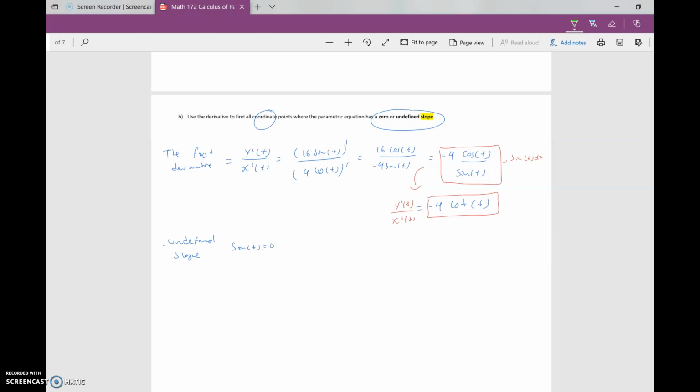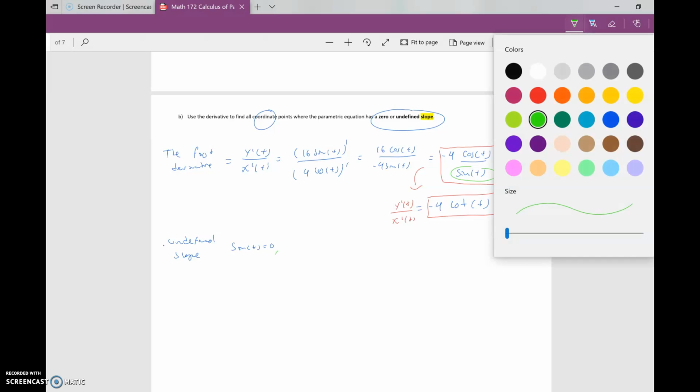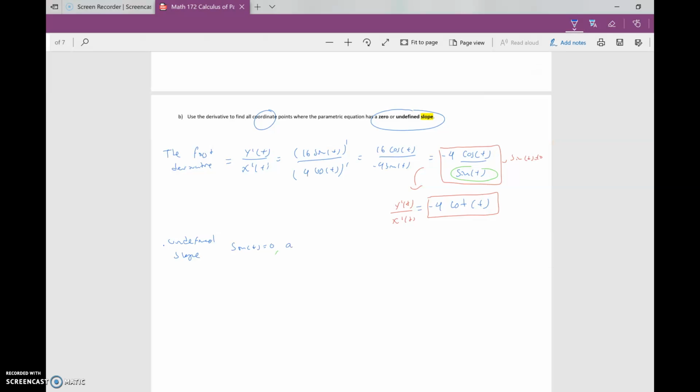And I'm basically just focusing on this portion. Wherever that's going to be equal to 0, then our slope is going to be undefined. So in this case, it's going to be equal to 0 at t is equal to technically 0, the values of pi, and then 2 pi.